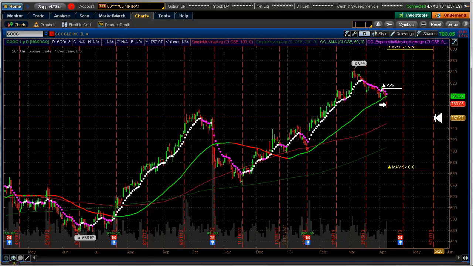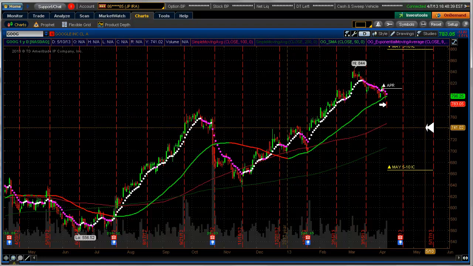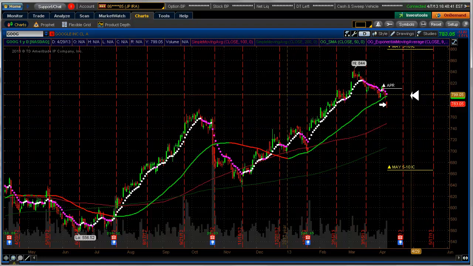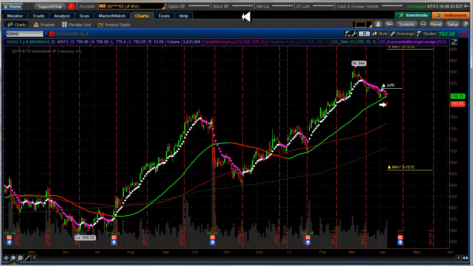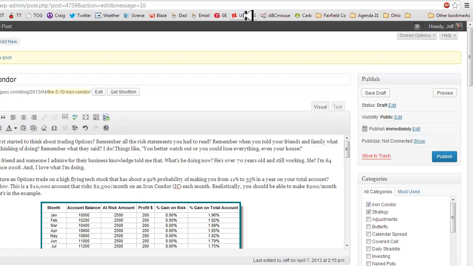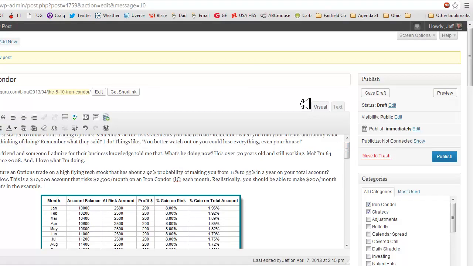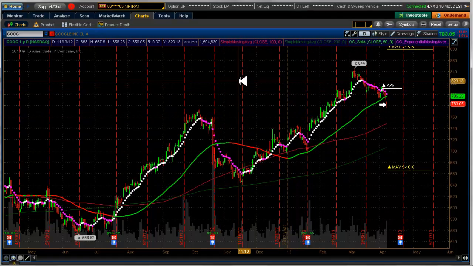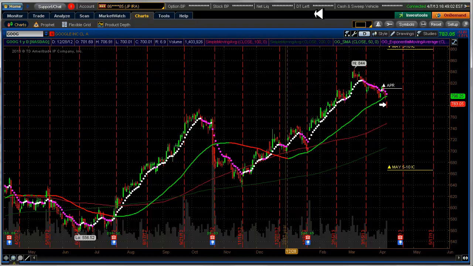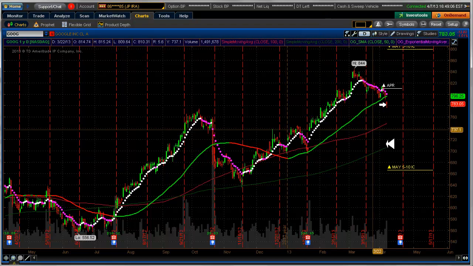So that's why May looks really good for Amazon and not so hot for Google, which is why when I did my chart, I said that you can do 11% annually with collecting $100 a month, so on a $10,000 account. Nothing wrong with that. Hey, that's all I got to say.